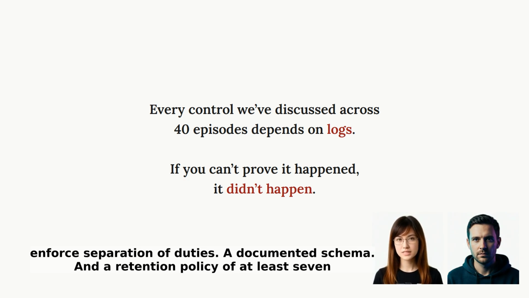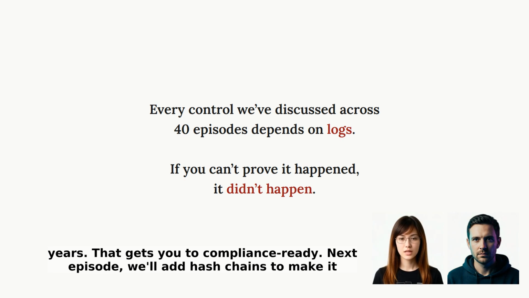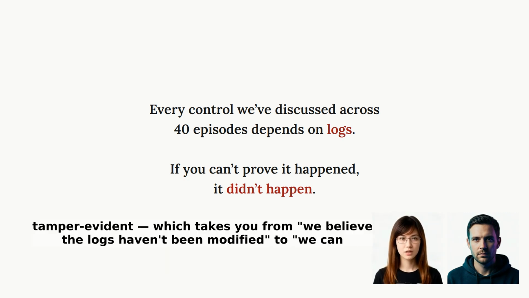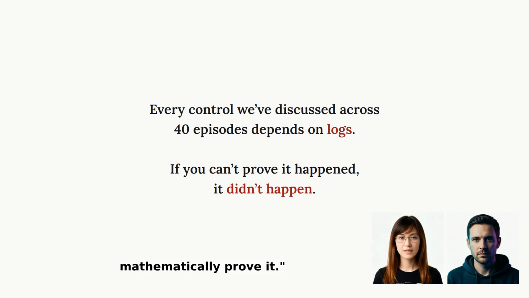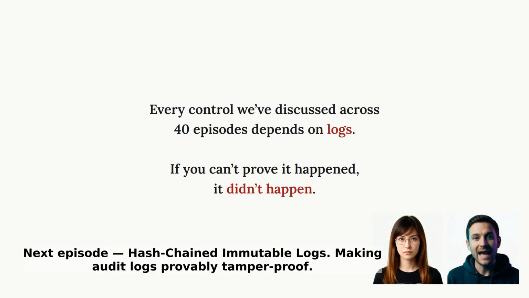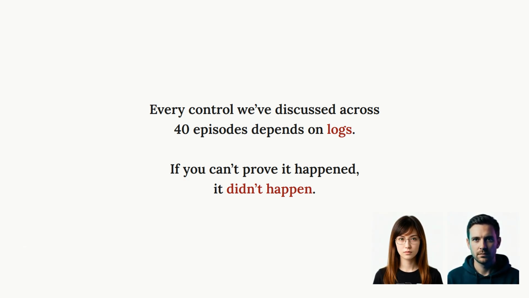A documented schema, and a retention policy of at least 7 years. That gets you to compliance ready. Next episode, we'll add hash chains to make it tamper evident, which takes you from we believe the logs haven't been modified to we can mathematically prove it. Next episode, hash-chained immutable logs, making audit logs provably tamper-proof.